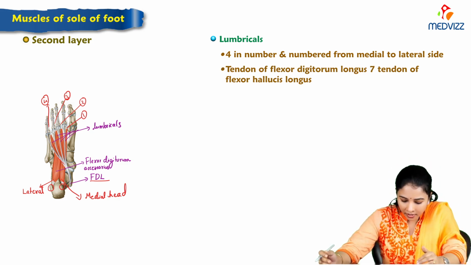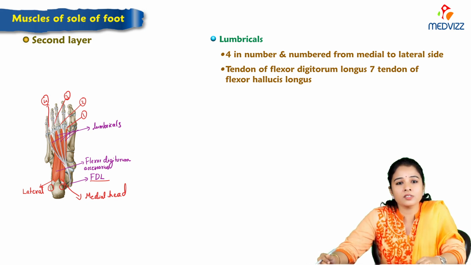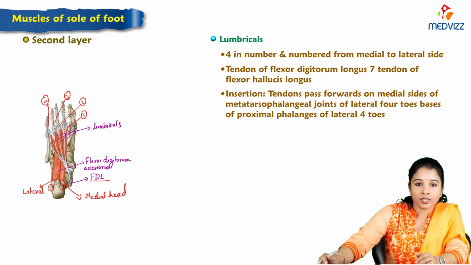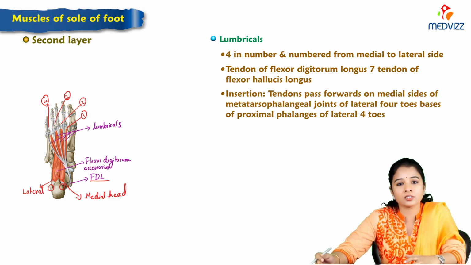If you see the insertion of these lumbricals, the tendons pass forward on the medial side of the metatarsophalangeal joints of the lateral 4 toes. So the lateral 4 toes, the bases of the proximal phalanges, it goes and gets inserted.